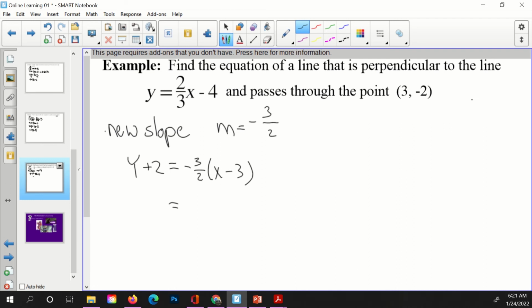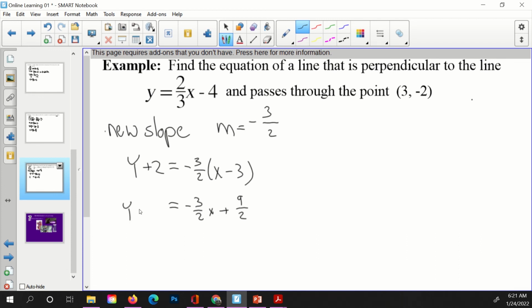So again, I got to distribute, and I'm going to leave this left side alone until I get my fractions taken care of, and I distribute. So negative 3 over 2x, and then negative times a negative will be a positive. 3 times 3 over 2 will be 9 over 2 because I don't have anything to cancel.